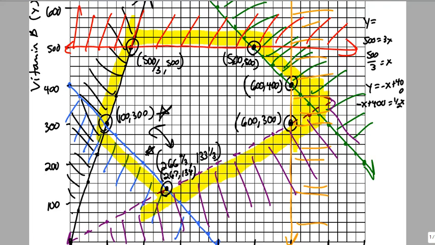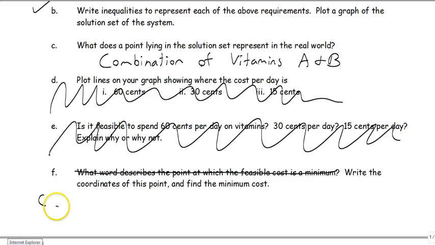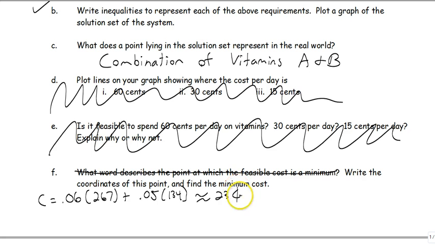So we now are going to just test the cost. So the one cost is going to be 0.06 times 267 plus 0.05 times 134, and you get approximately 23 cents.